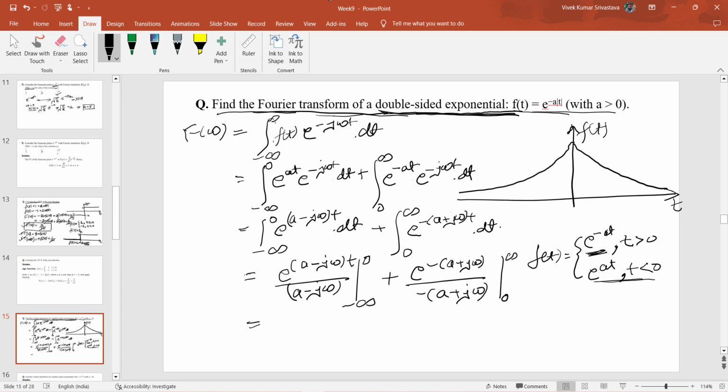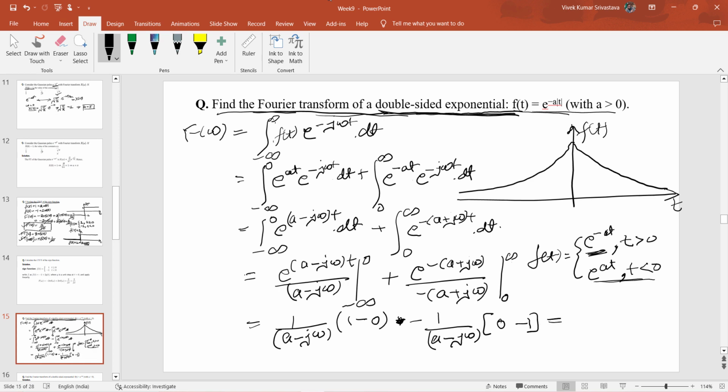Now we can substitute the limits here. So this will be 1 over a minus j omega, into 1 minus 0, plus, once you put the limit, you will get minus 1 over a plus j omega into 0 minus 1.